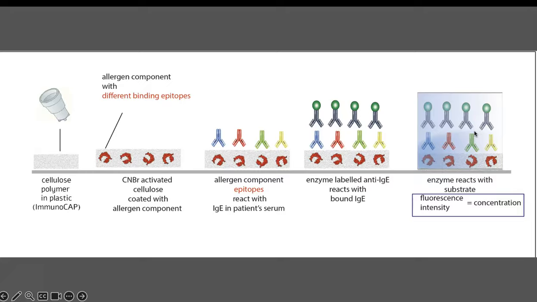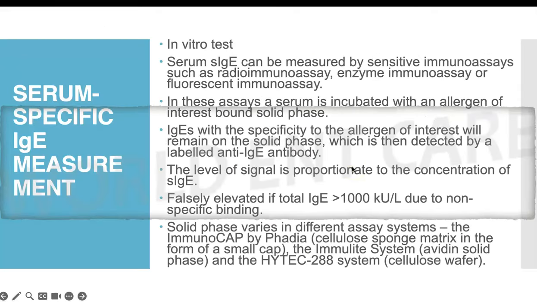If it is a fluorescent immunoassay, it will have a fluorescence intensity, and that will be equal to the concentration of the reaction happening here.